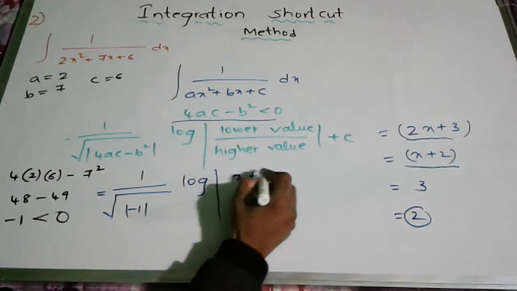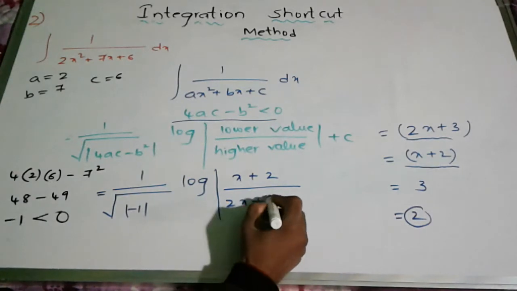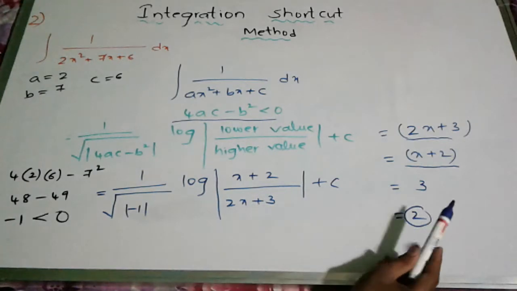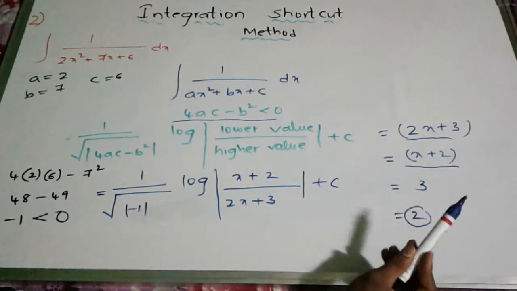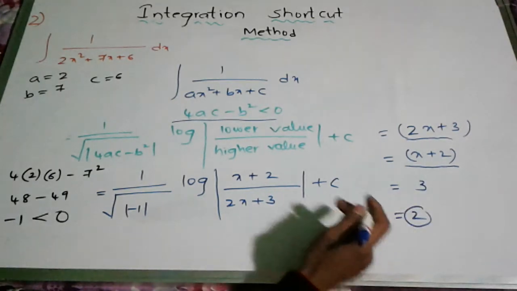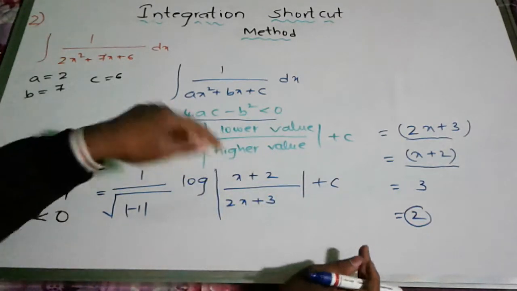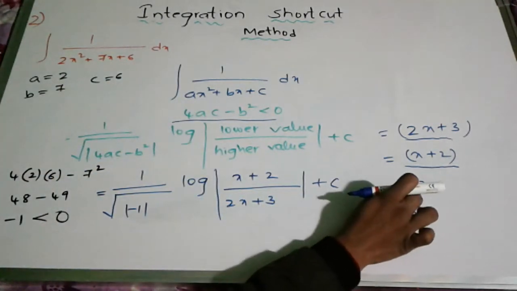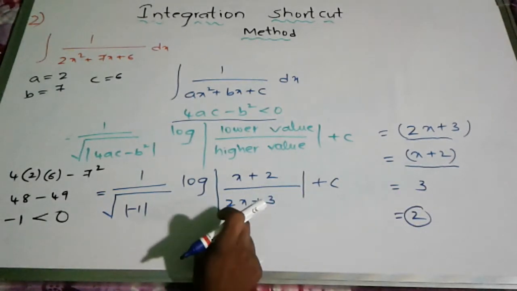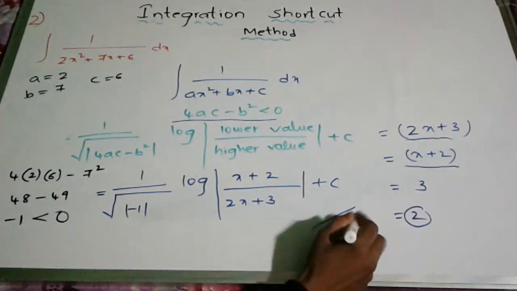So x plus 2 upon 2x plus 3. As you have seen here, we got 2 is the least value, so I wrote this x plus 2 factor in the numerator part, and we got 3, so this is the highest value compared to this, so I wrote this in the denominator part, and this is the final answer.